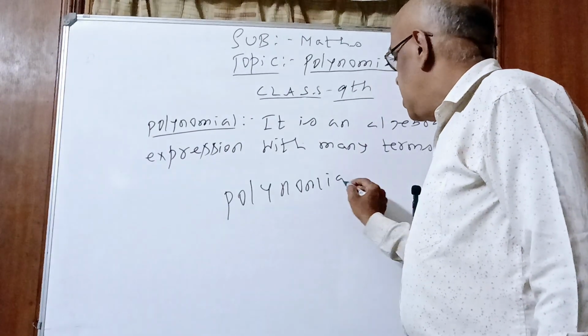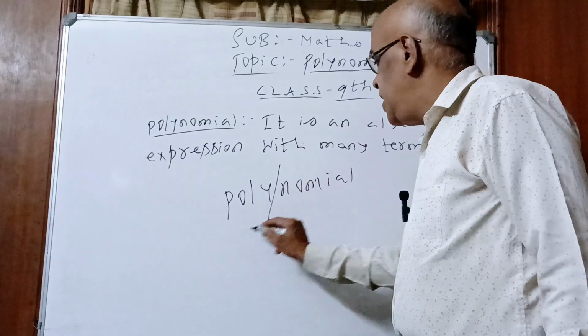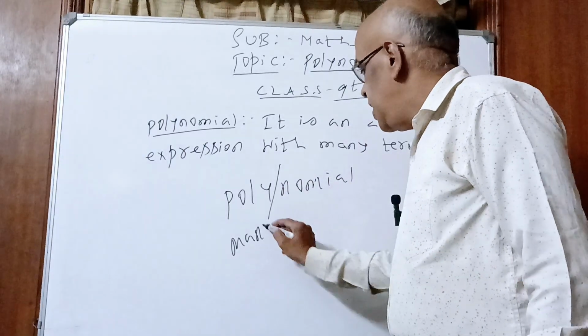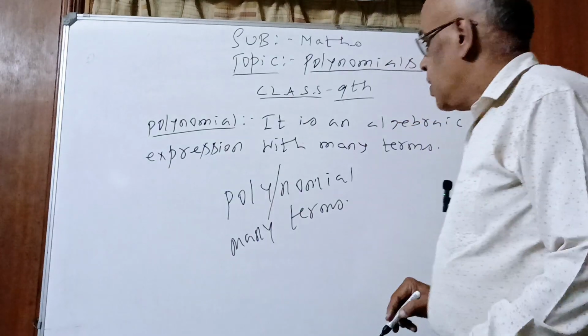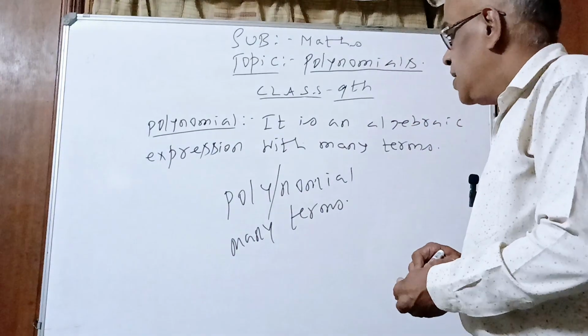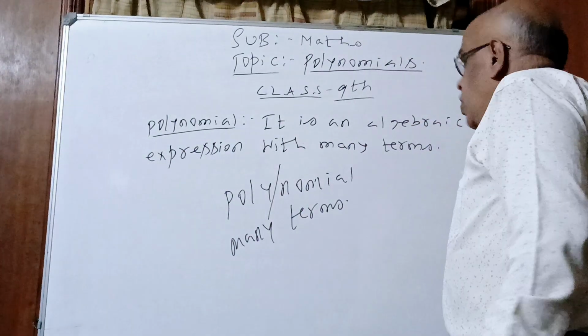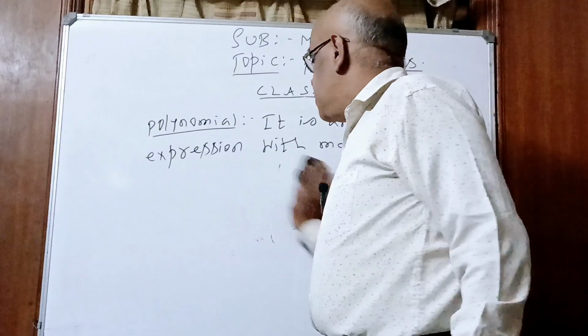Poly means many, and nomial means terms. So it has many terms. Who has many terms? An algebraic expression.